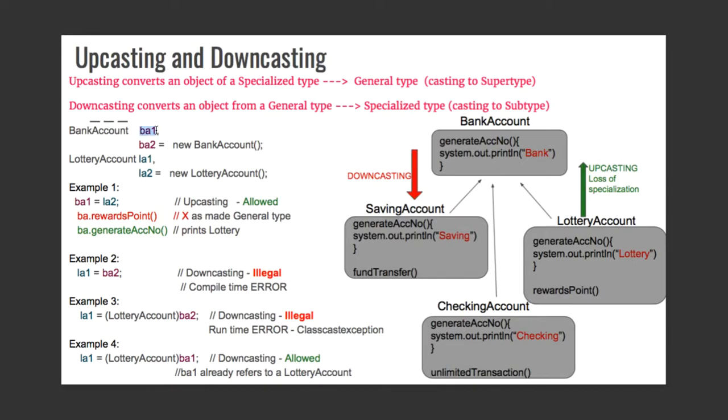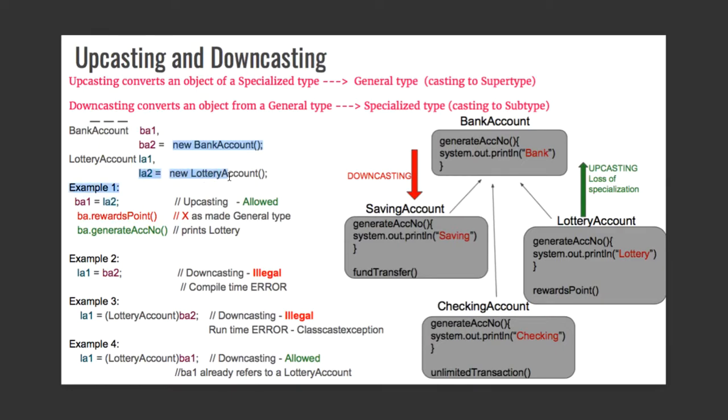So BA1 is a bank account object. When we say BA1 is a bank account object, that means BA1 is of type bank account, and it is also pointing to a bank account object. But when we write like this in example 1, BA1 is no longer pointing to a bank account object. Now it is pointing to LA2.